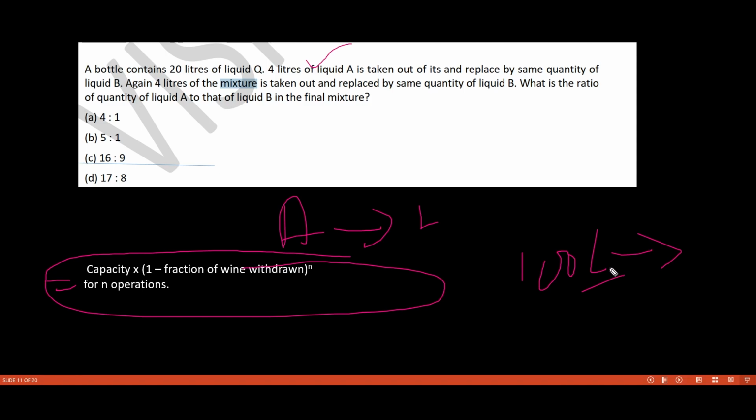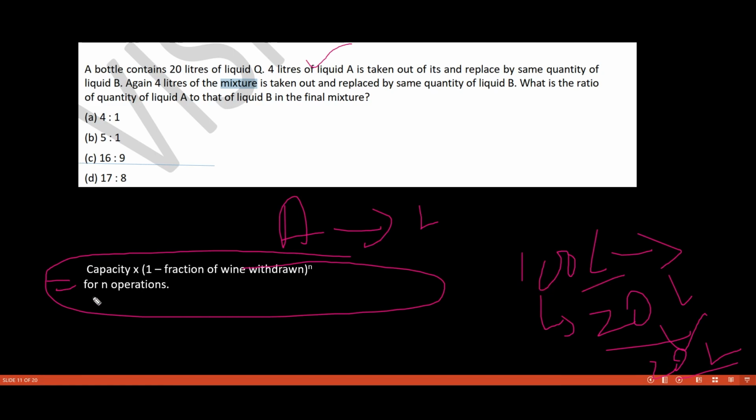Then 20 liters of wine is withdrawn from it, and that is filled with water. After doing this, one more time 20 liters of wine is withdrawn from it, and then again it is filled with water. So how much wine is left in the container?